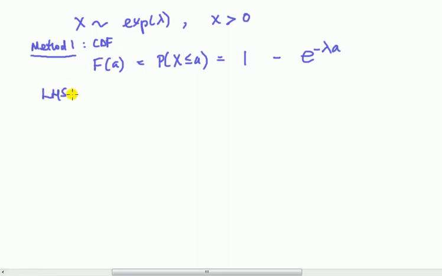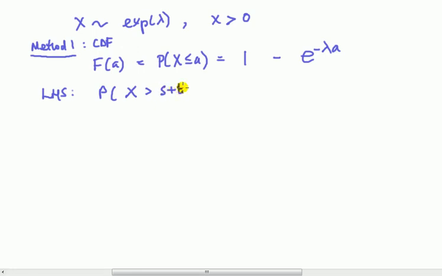Left hand side. So it's probability of x bigger than, well, just in case there are people watching this video without watching the proof for the last one, the geometric, let me do this quickly again.